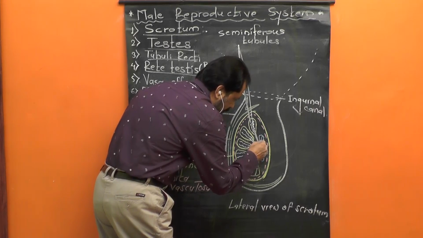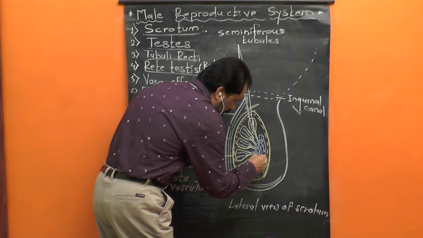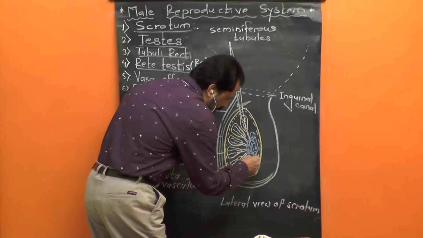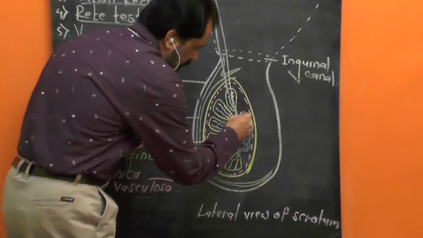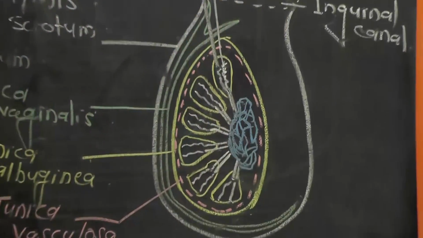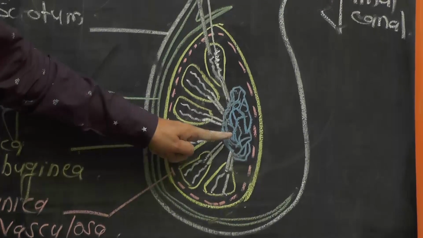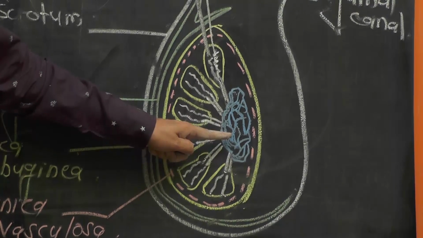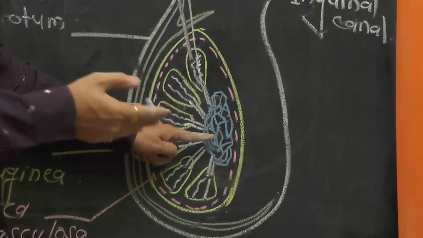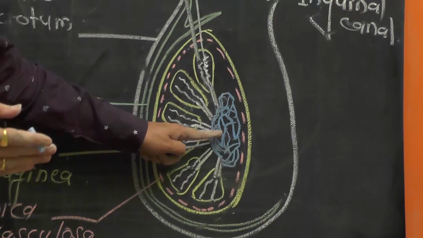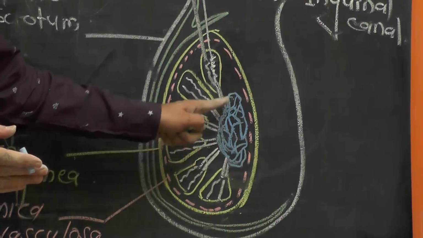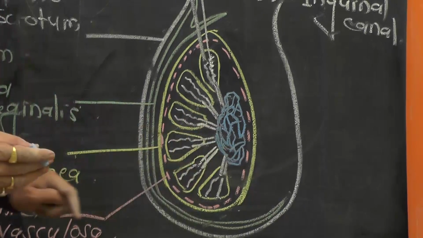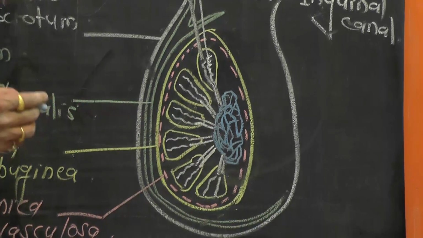These are wide, very broad, and irregular tubules. They form a network. This network of wide and irregular tubules present in the posterior side of the testis is known as Rete Testis.